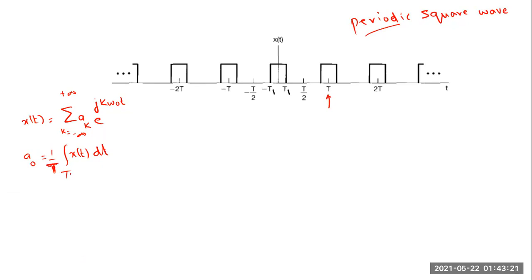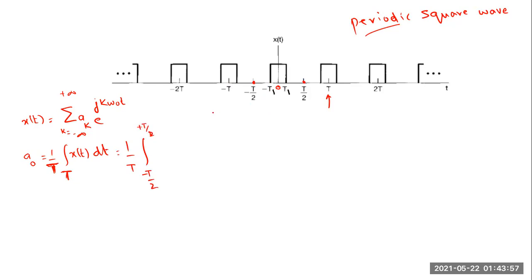As I mentioned, we need to take this integration over a time interval which should be equal to T. This signal is, as you can see, symmetric with respect to this time. So I can take this interval: I can start from minus T by 2 and go up to plus T by 2. So I will say 1 over T, from minus T by 2 to plus T by 2.